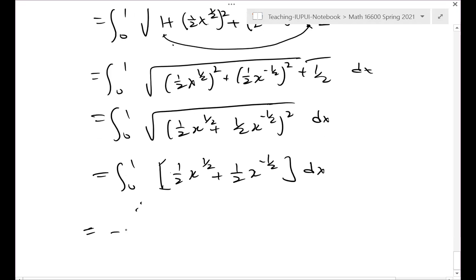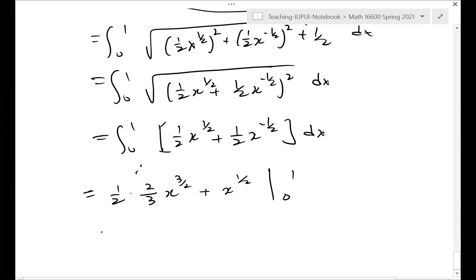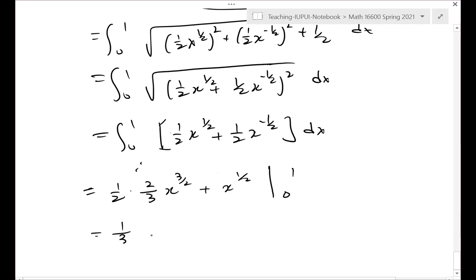So it's 1/2, here's 2/3 x to the 3/2. And this is just x to the 1/2, I guess, when you differentiate that. And then evaluate the two endpoints. That'd be 1/3 plus 1, it's 4/3. So this is a fraction.